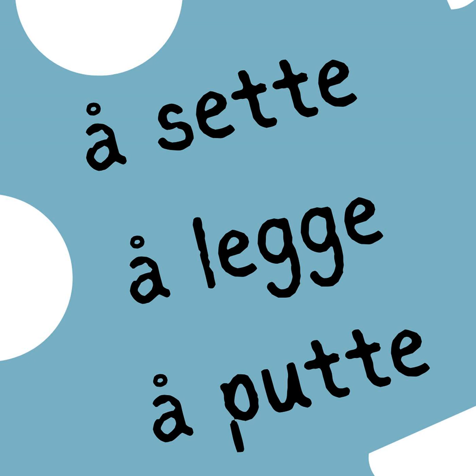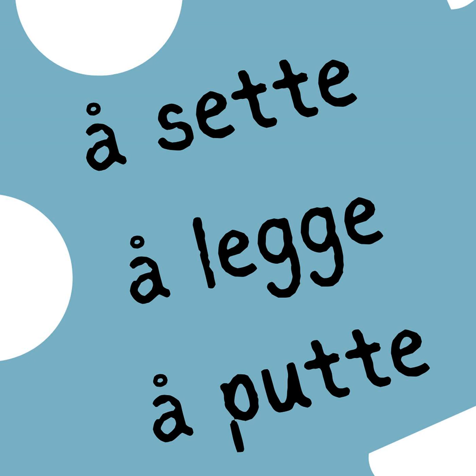So if you go from standing to sitting, for instance, you would say, jeg setter meg, which would translate to something like, I sit myself, or I put myself in a sitting position. Whereas jeg legger meg would mean, I lay myself down.